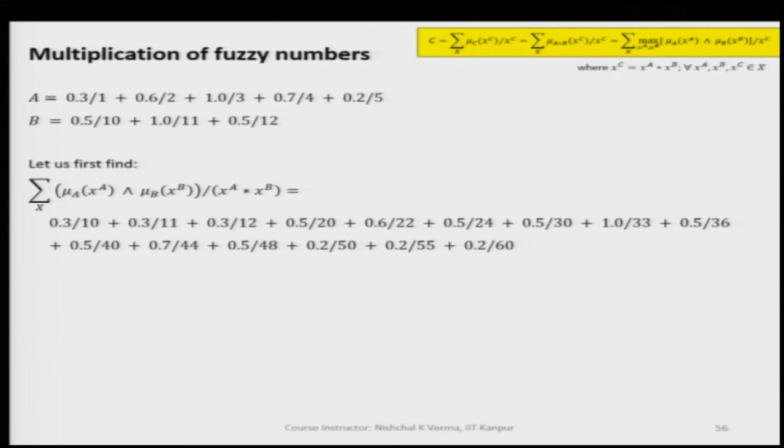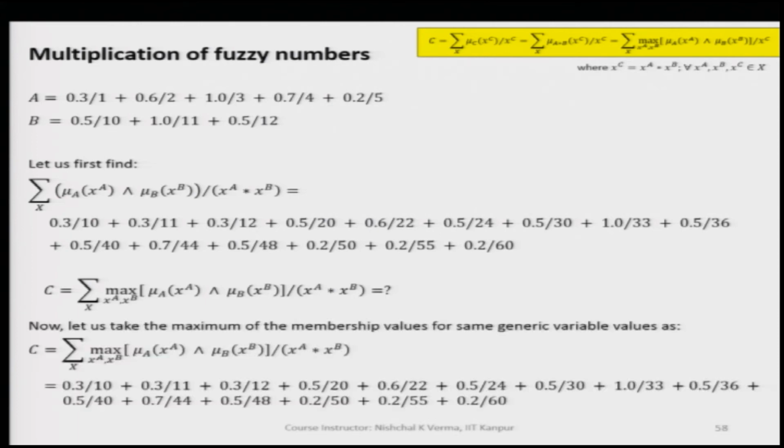All these elements we have got after computing the minimum of mu a x a and mu b x b oblique x a into x b from all the possible combinations of fuzzy numbers a and b. When we have done that, that results in these terms.